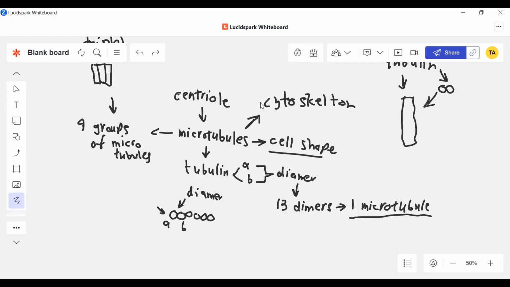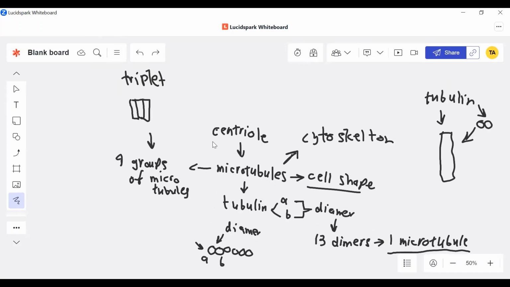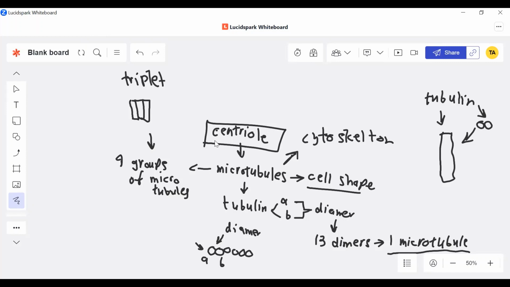And 13 of these dimers make up one microtubule. When 3 of these microtubules come together, they form something called a triplet. And 9 of these triplet groups make one centriole. This was centrioles, and please remember this again and again, because this is a very important concept.